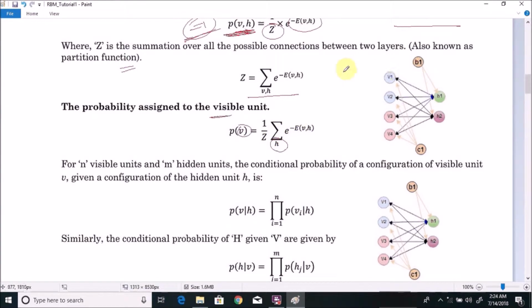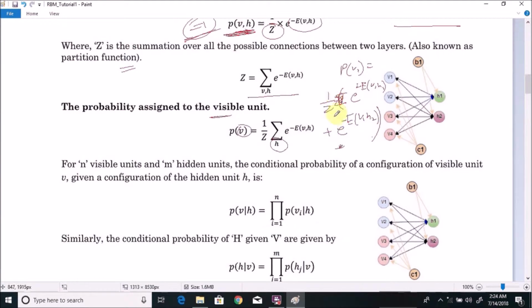For example, the marginal probability for V1 will be equal to the normalization constant times the sum of e to the power minus E(V1,H1) plus e to the power minus E(V1,H2).